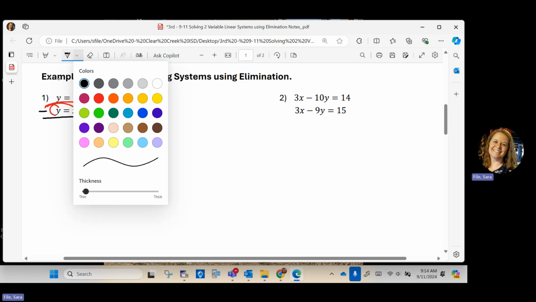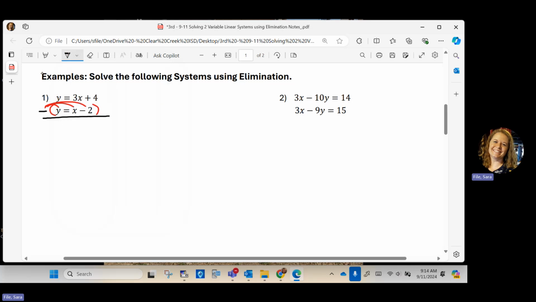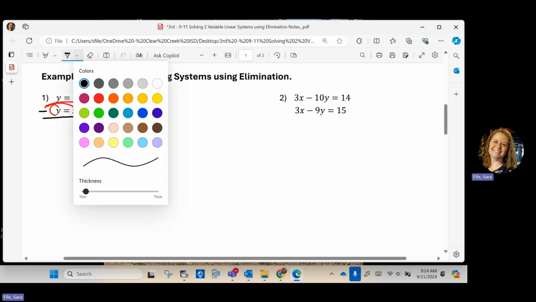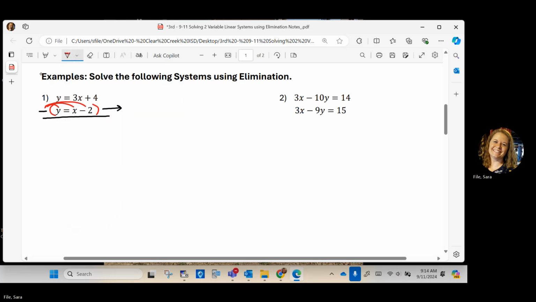For some of you, it would be better to just rewrite it. If I distribute that negative, this would become negative y equals negative x plus 2. Go ahead and rewrite it with the distribution done.